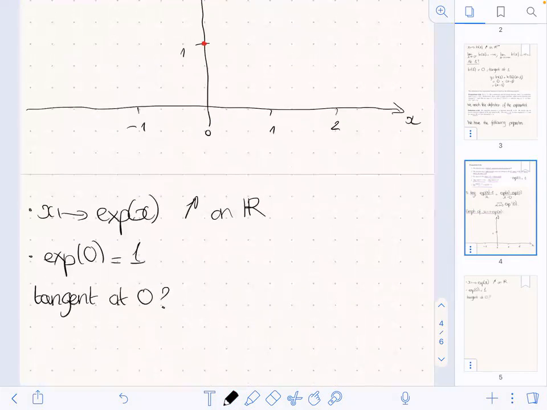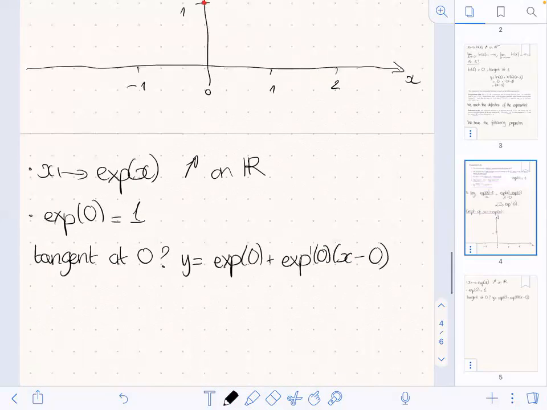The tangent at 0 is given by the following expression: y equals exponential of 0 plus the derivative of the exponential applied at 0 times x minus 0. That's just a formula for the tangent. This is equal to 1 because exponential prime of 0 is exponential of 0, which is equal to 1. And so if we write out this expression, it's 1 plus x.